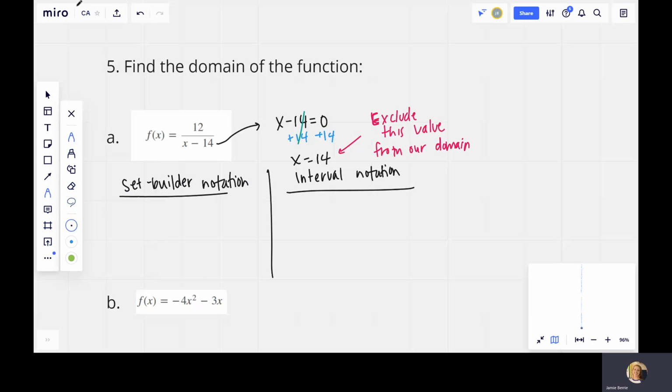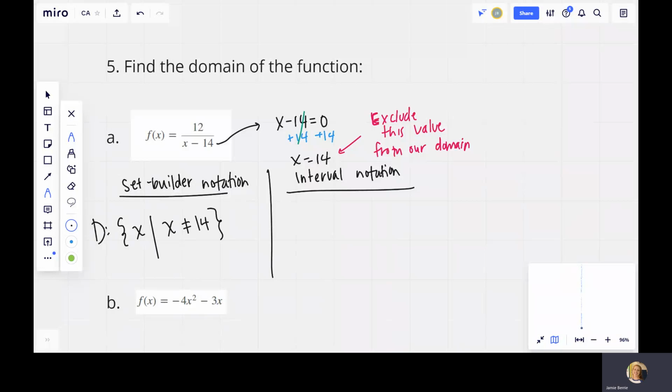All right, so let's look at the two types of ways you could describe the domain here. I'm just going to write D for domain. So the domain in set builder notation, you would just do this little curly brace. Then you would say it's all of the x's such that, remember that long straight line means such that, x cannot be equal to 14. Super easy.